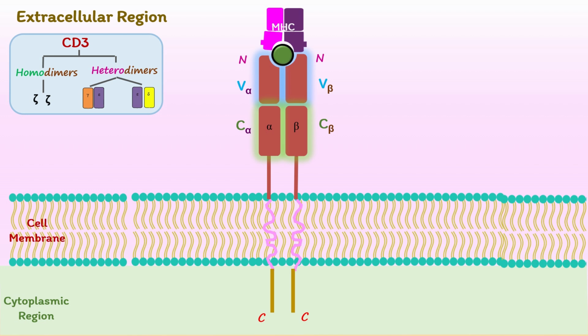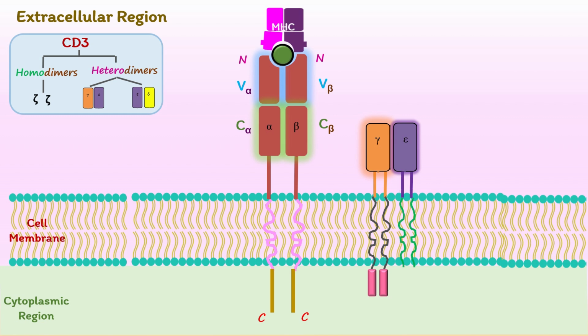Moving towards the first heterodimer, which has gamma and epsilon, the gamma monomer has a molecular weight of 25,000. It has an extracellular region, transmembrane region, and cytoplasmic region. And like the gamma monomer, the epsilon monomer, having a molecular weight of 20,000, has an extracellular region, transmembrane region, and cytoplasmic region.